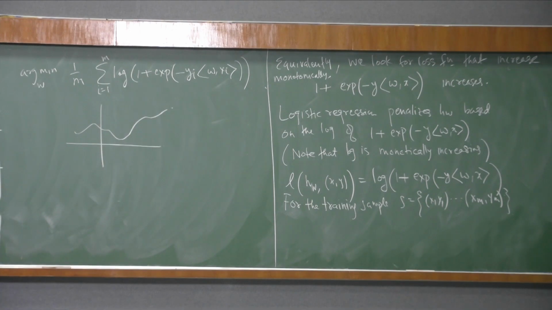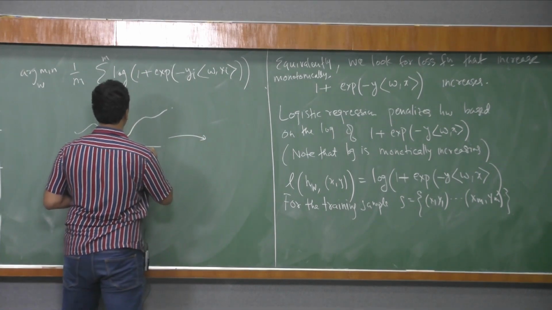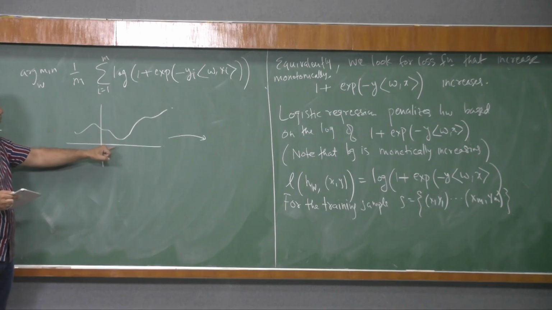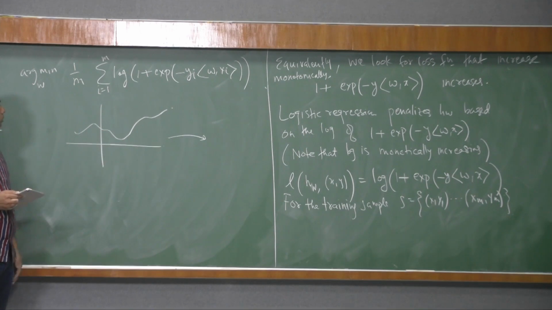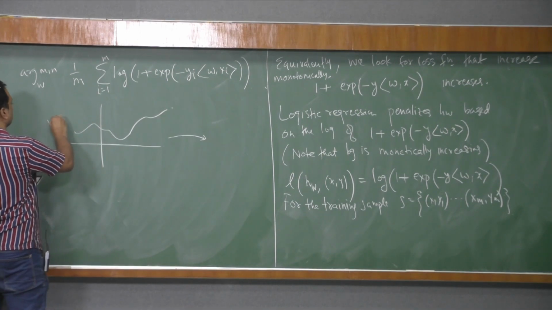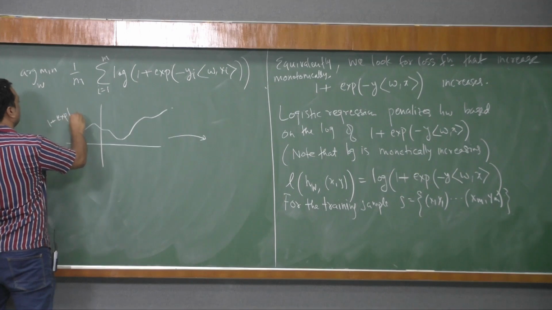Obviously this is not monotonically increasing or decreasing throughout, but what we are looking for is that when we build a loss function based on this, the places where the minima is achieved for this function don't get destroyed in the process. So in this case, we were looking for 1 plus this, which is not necessarily the plot of this. In fact, that may be convex. So that may not be like this, but anyway, let us say this is some function.